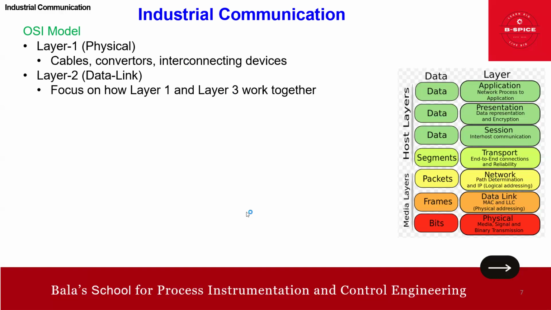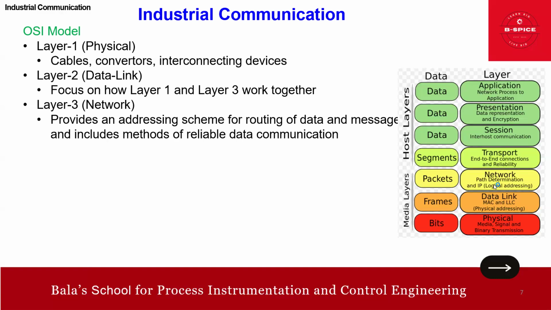Then layer three is the network layer. Basically, it provides an addressing scheme for routing the data and messages and includes a method for reliable data communication.